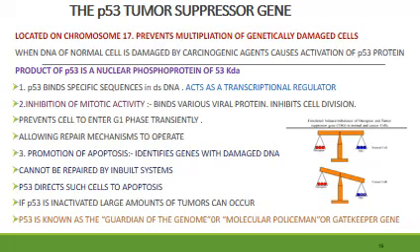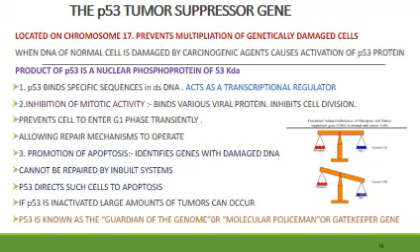It prevents the cell from entering the G1 phase transiently, and it allows repair mechanisms to operate. It also causes the promotion of apoptosis, that is, it identifies the genes with damaged DNA.